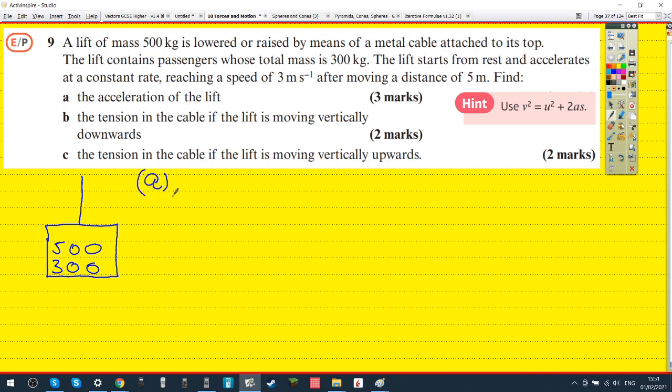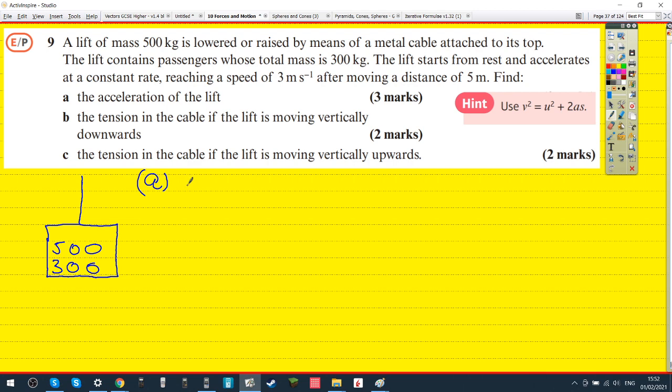Should I use a SUVAT equation? No. Should I use force equals mass times acceleration? I believe so. So will the mass be 800 kilos? Yeah. Maybe you're right. Maybe it is SUVAT. Let's try SUVAT.